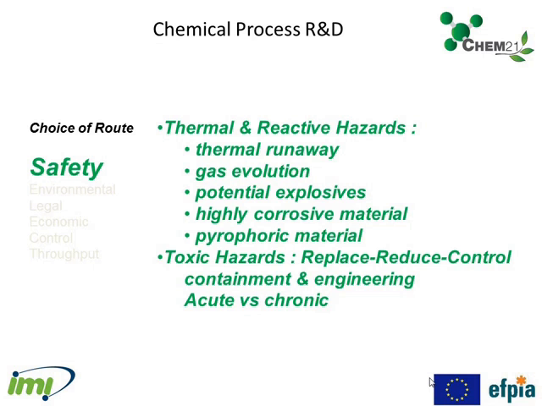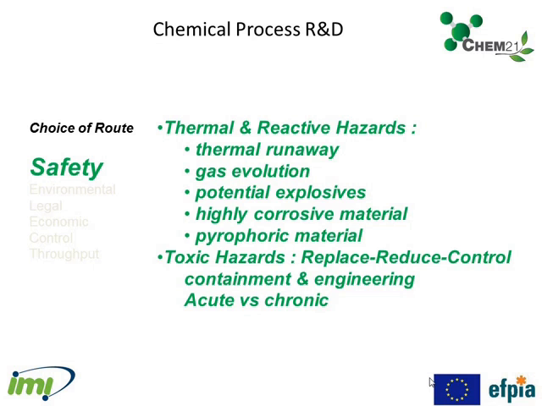The second category are the toxic hazards, where the general principle is that first of all we try to avoid them by not using them, by using other reagents which are less toxic.